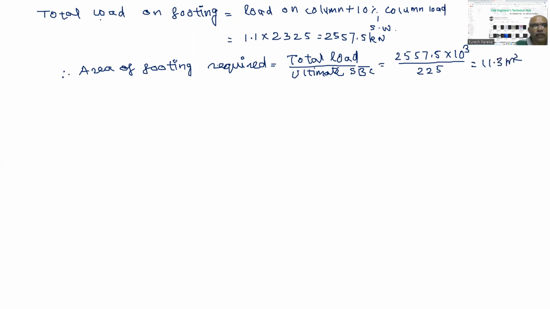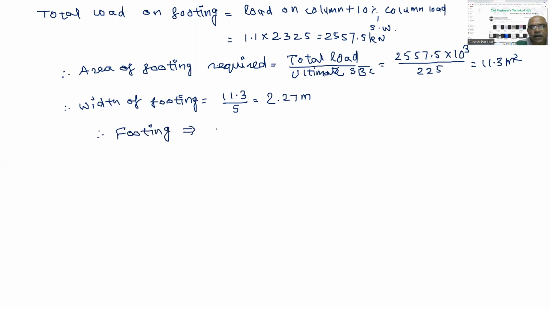Width of footing is area upon length, which is 2.27 meter. Therefore, footing dimensions are 2.3 meter by 5 meters.